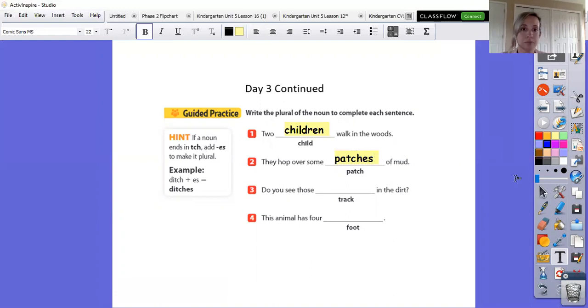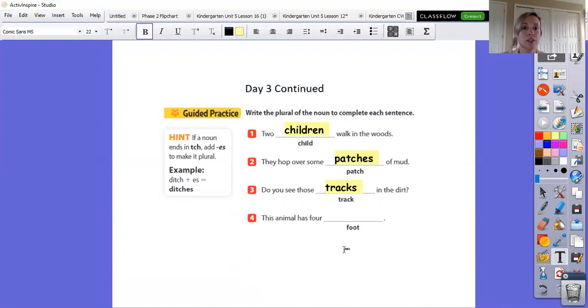Patches of mud, okay? Number 3, do you see those track in the dirt? I wouldn't change the word completely. In this instance, it is just going to be a plain old S that you add. Do you see those tracks in the dirt?